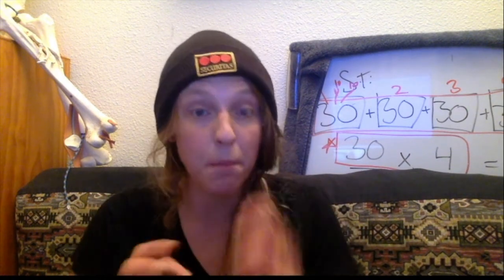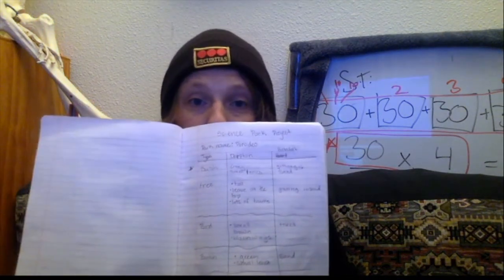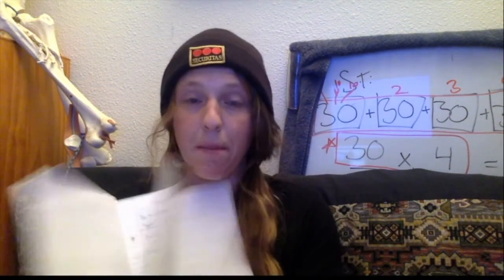But if you don't, there is a document below for you to input the things that you wrote down. I will have an example document attached below so that you can see what I'm talking about. But you should basically just be taking all the things that you wrote down, all those really great plants, animals, bugs, everything you wrote down, and inputting it into that document.